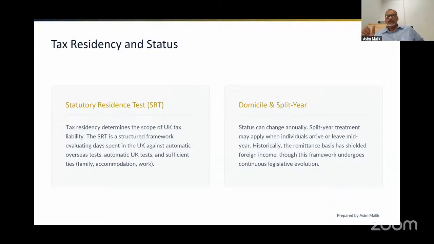About 10 years ago, the government introduced something called the statutory residency test, which checks whether the person is tax resident in the UK or not. That comes with automatic overseas or automatic UK tests. For example, a person who is leaving the UK permanently to work in another country on a full-time basis will most likely be non-resident in the UK, which means he or she will only be liable for income arising in the UK.